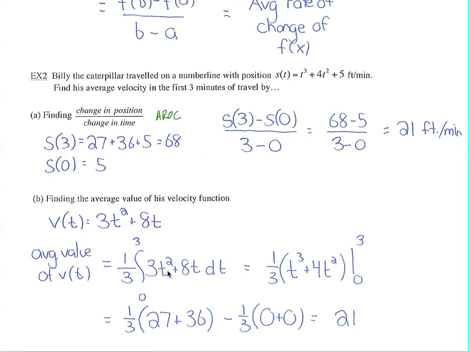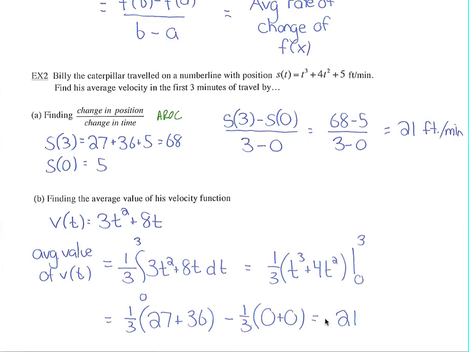We take the antiderivative of 3t squared plus 8t, which is t cubed plus 4t squared, and we're going to evaluate that from 0 to 3, and you can see the math that's done here. And again, using the average value calculation, we get 21 feet per minute. And we're done with the notes.